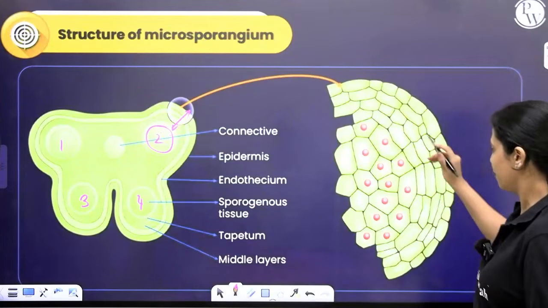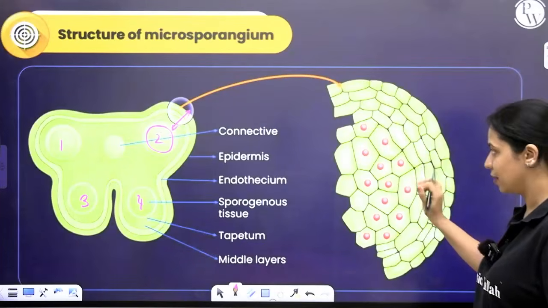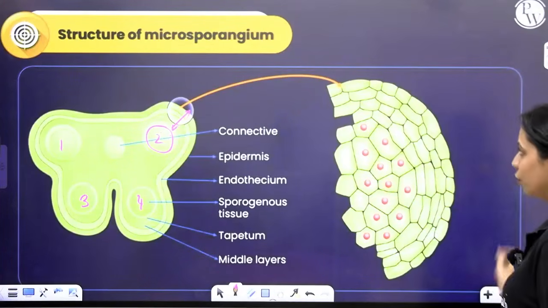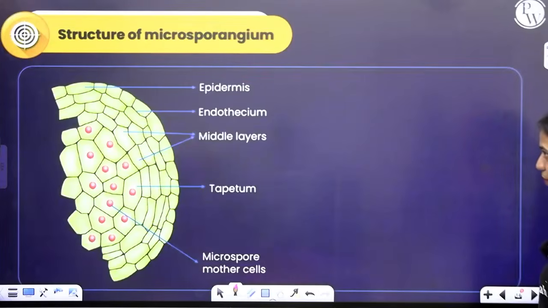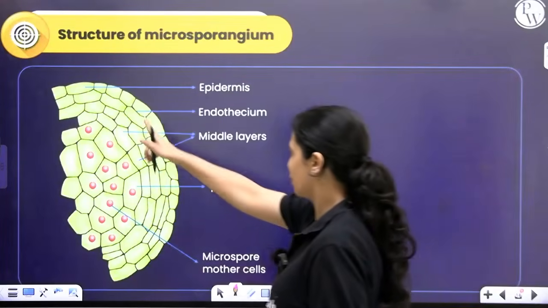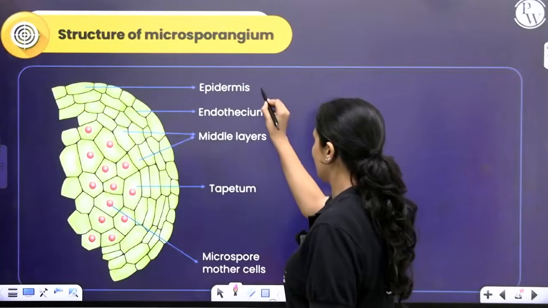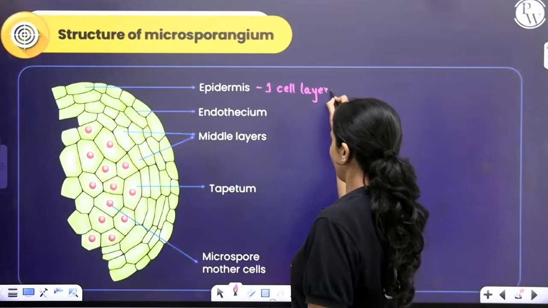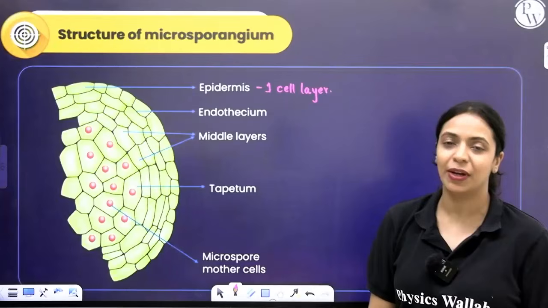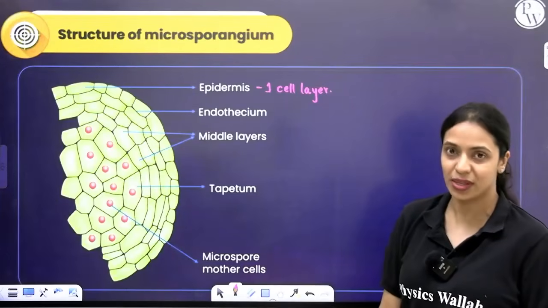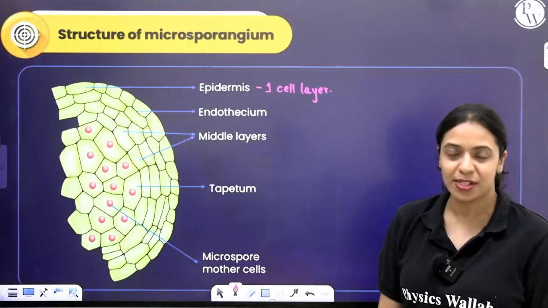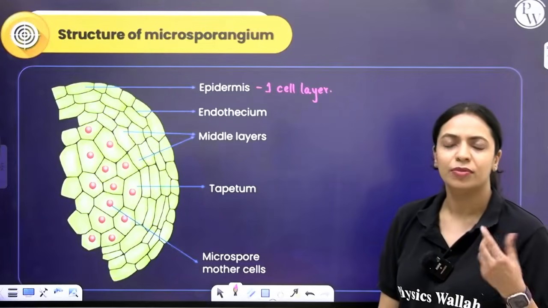Here you can see the wall is pretty thick. So let's learn about the different layers that the wall of the anther is composed of. The outermost layer is the epidermis. It is usually 1 cell layer in thickness. You know how in every part of the plant, be it root, stem or leaf, the outermost layer is always the epidermis. Even over here it is the epidermis. It is composed of barrel-shaped cells with no intercellular spaces.